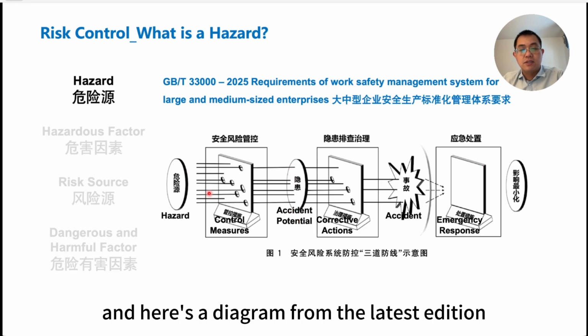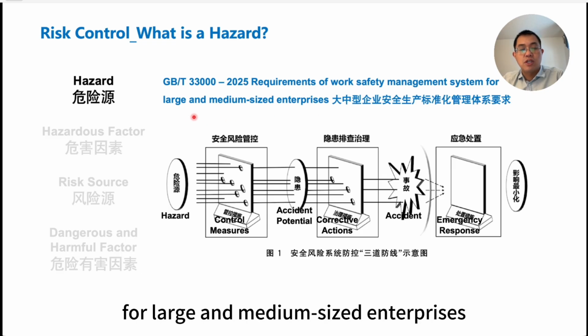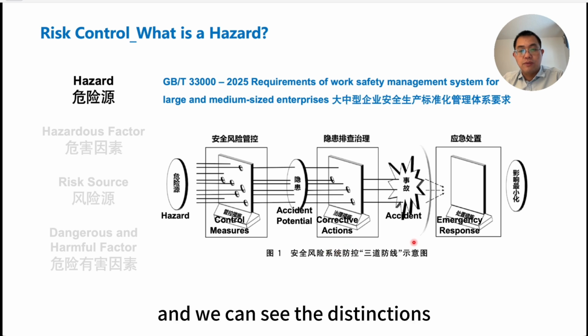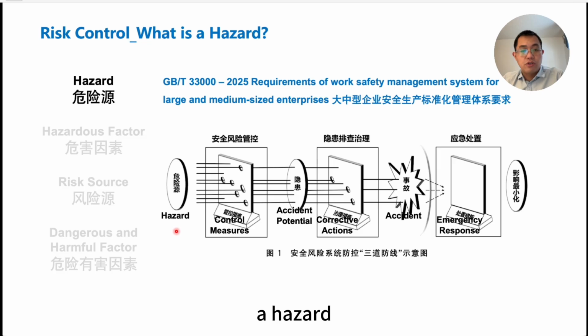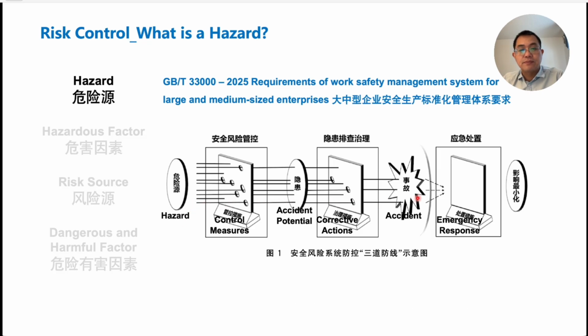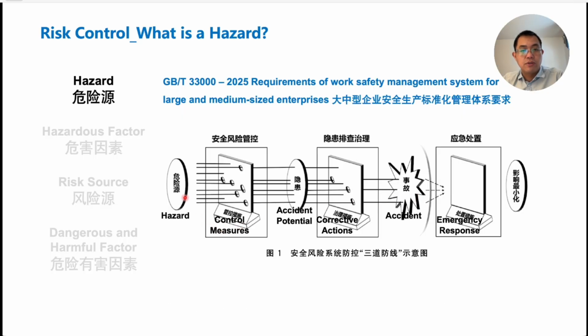And here's a diagram from the latest edition of GB/T 33000-2025, requirements of work safety management system for large and medium-sized enterprises. It outlines a framework of risk control, and we can see the distinctions. Hazard is a source that directly leads to an accident, and we need to apply control measures to the source.